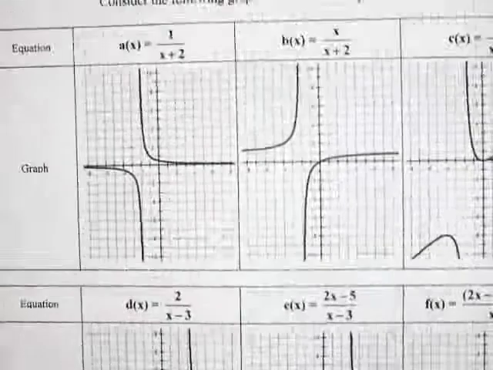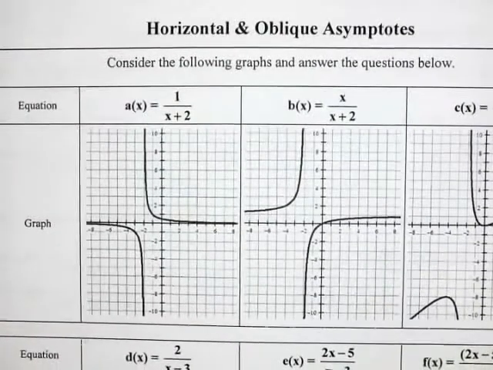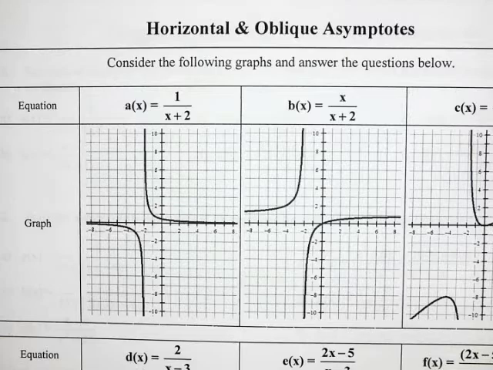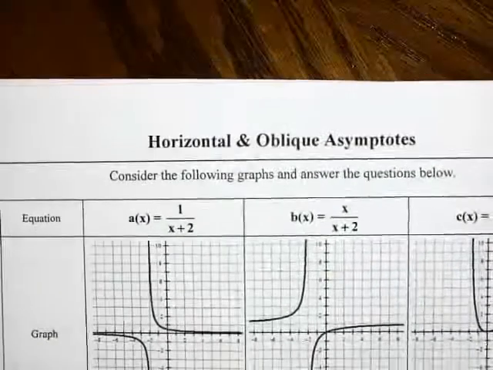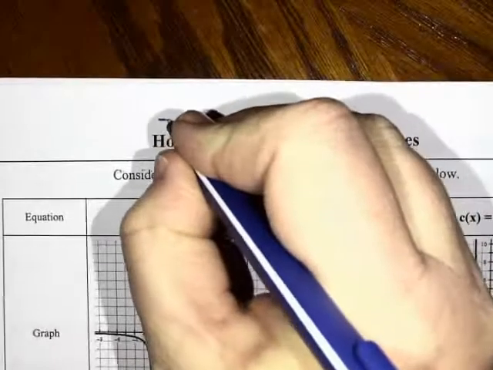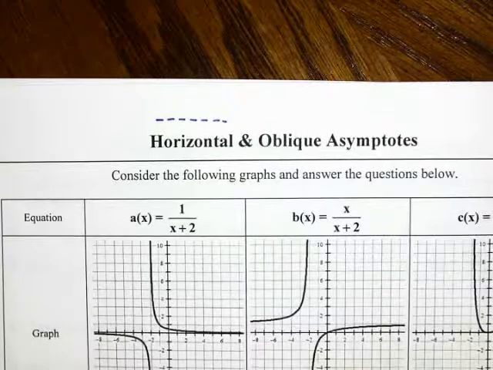In a minute, I will encourage you to do this investigation on your own and then check your answers with me. But first, we need to talk about horizontal and oblique asymptotes. A horizontal asymptote is a horizontal line that your curve approaches but does not cross.